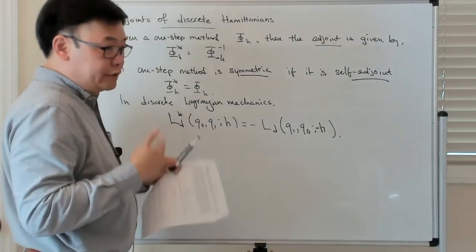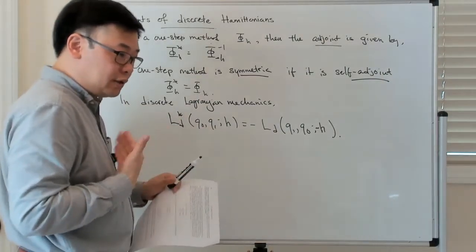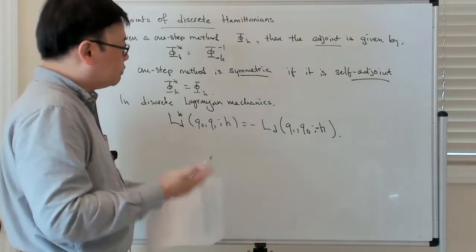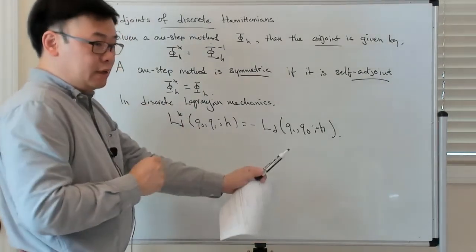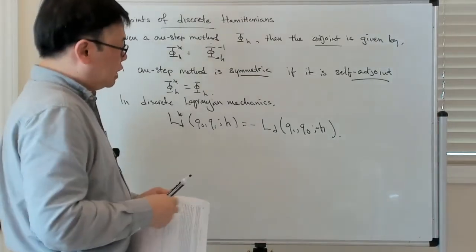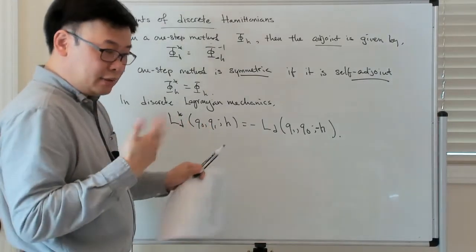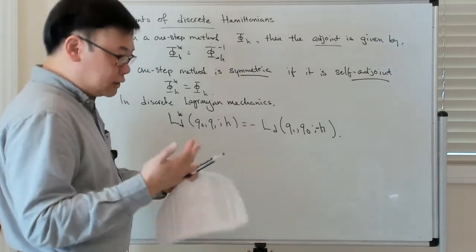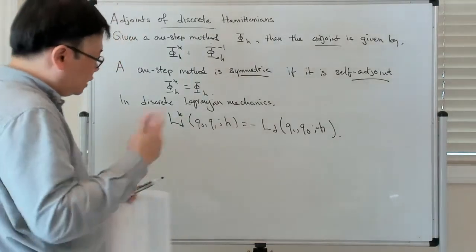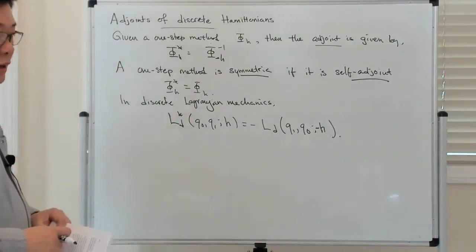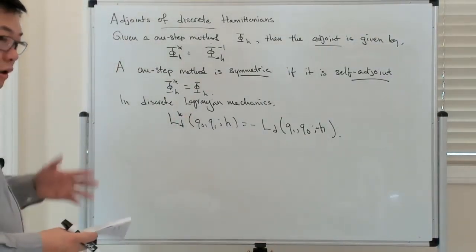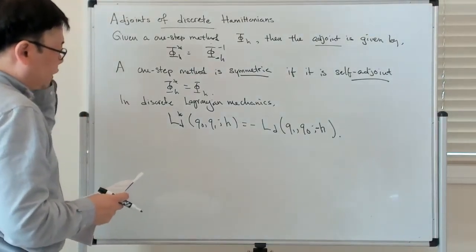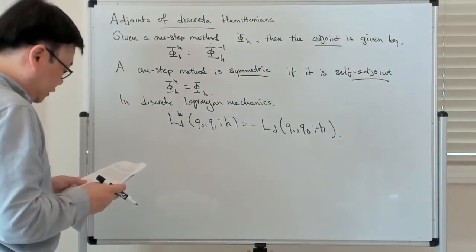But that's not true of the type 2 and type 3 generating functions, which are the basis for discrete Hamiltonian mechanics, because one is a position variable and one is a momentum variable. If you swap the order, then you don't have the same type of generating function. You swap the order of the variables in the type 1 generating function, they're still both position variables, so you could at least imagine evaluating them on the type 1 generating function. That's not true with discrete Hamiltonians.